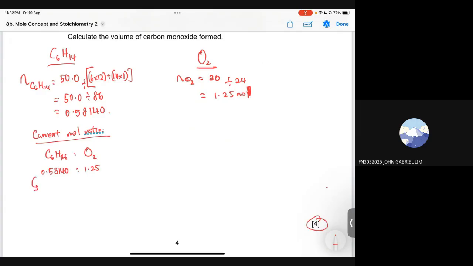I'm going to divide by the smaller number, just to make sure you get the 1 over there. If you divide by itself, it is 1. Then I'm going to take 1.25 divided by 0.58140. This will be 1 is to 2.149. This is the current situation, the current mole ratio.